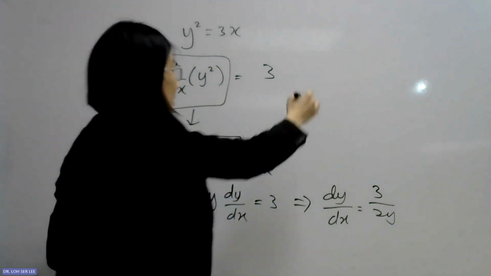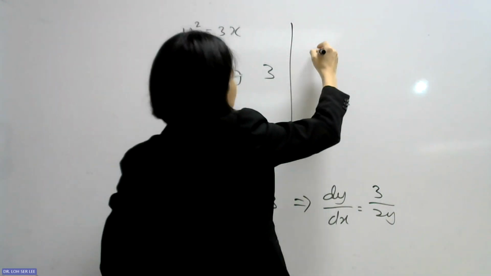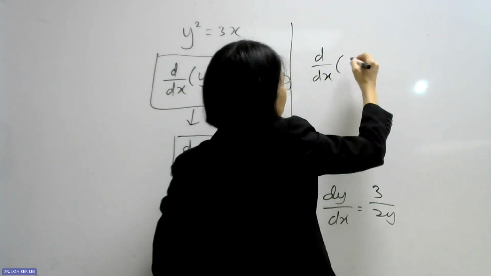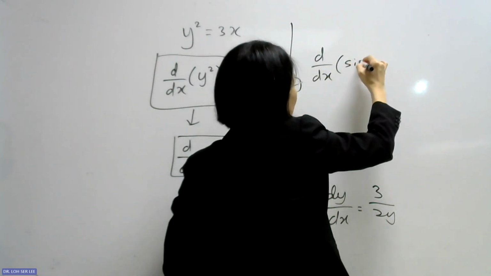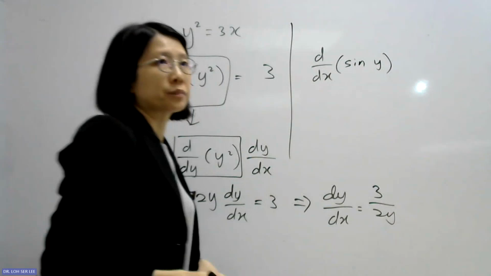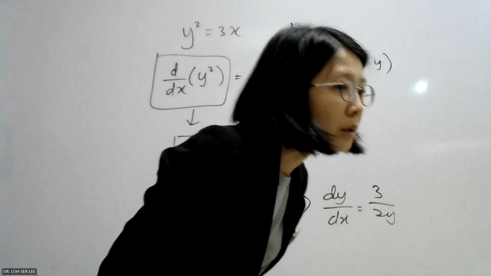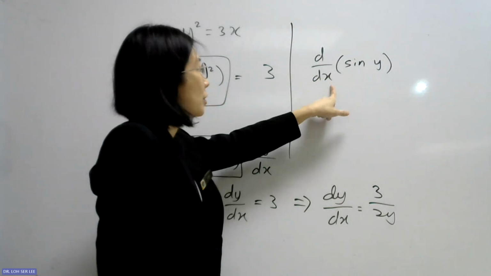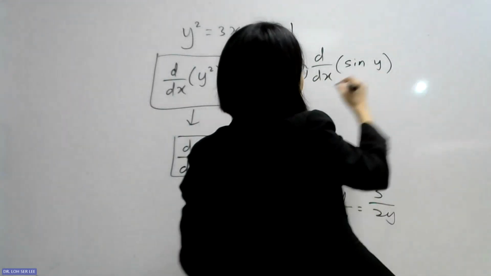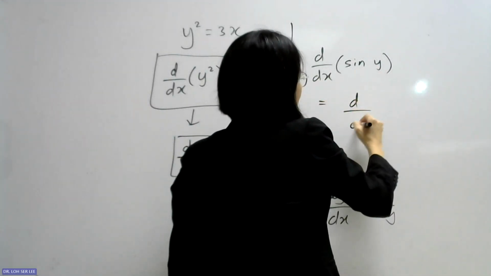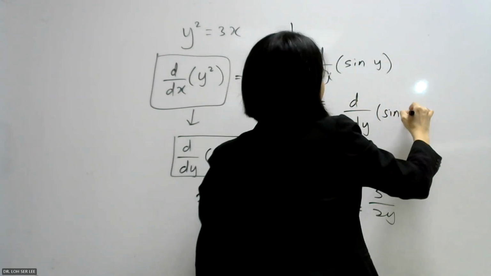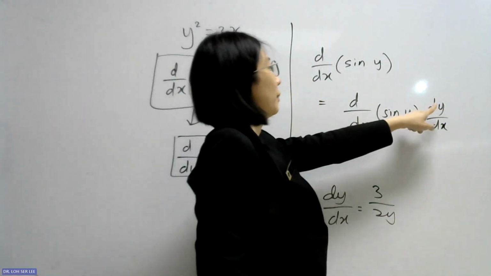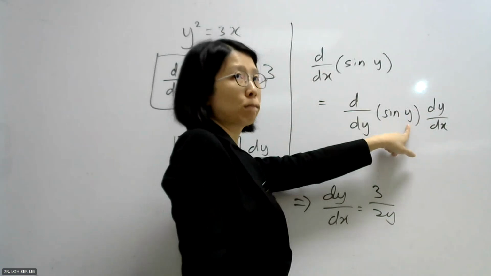Okay, I give you one more example. Let's say we want to differentiate with respect to x the function sine y. This is in y, not in x. So when we want to differentiate this, we have to insert a dy because this is in y.